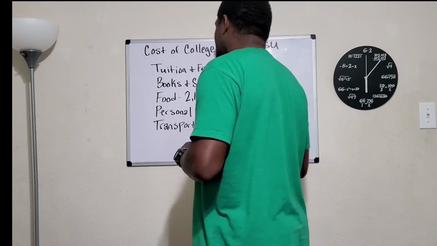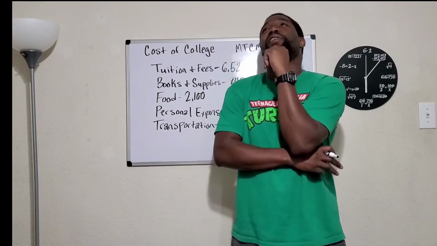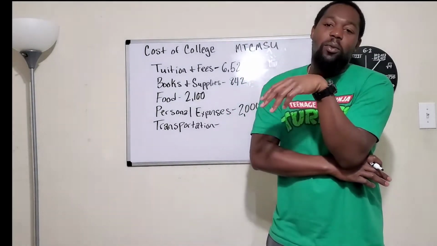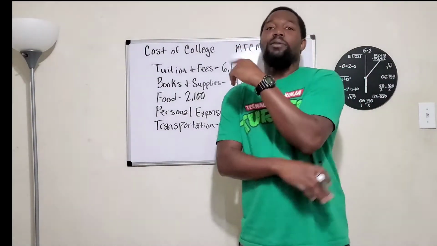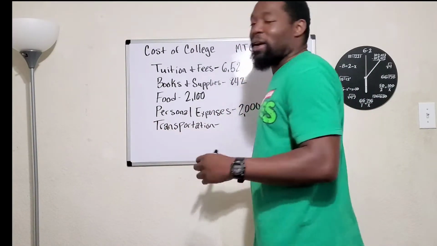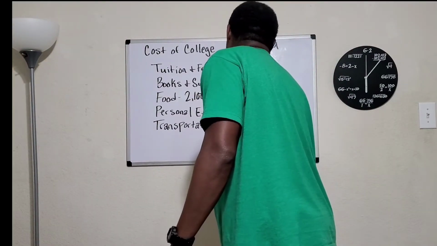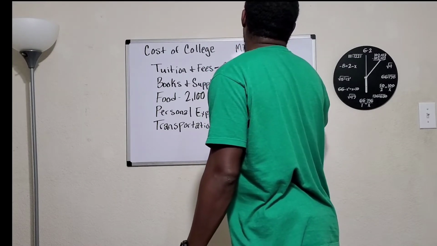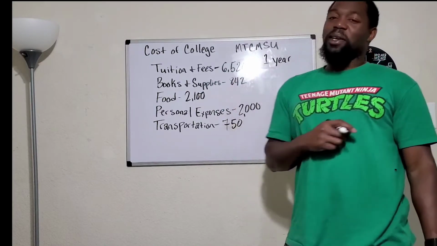That seems about fair. And lastly, transportation to get around our amazing campus. We have segways and hoverboards and slides. A slide on campus, that'd be cool. Anyway, for transportation, we're only charging you $750. That's how much you're going to pay for 1 year at MTC-MSU.